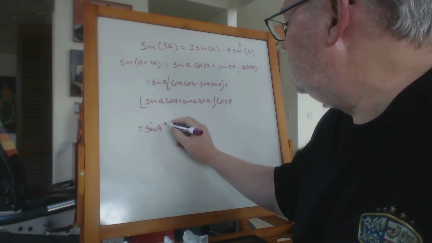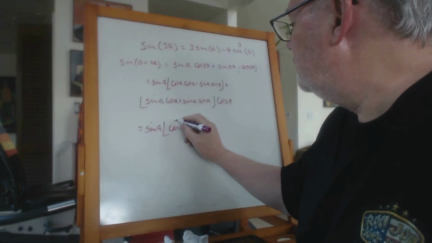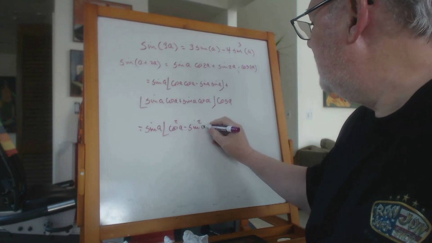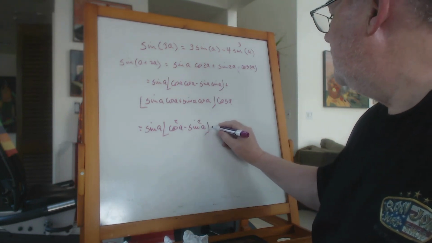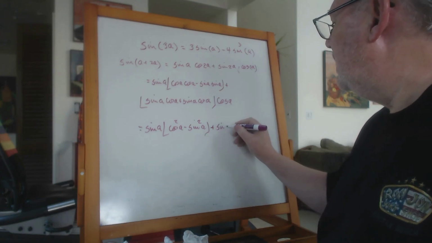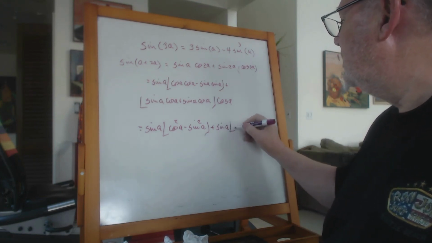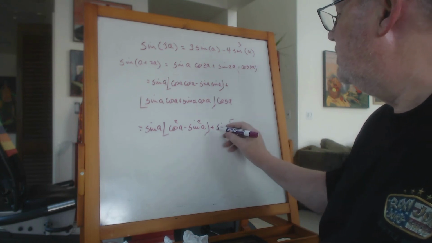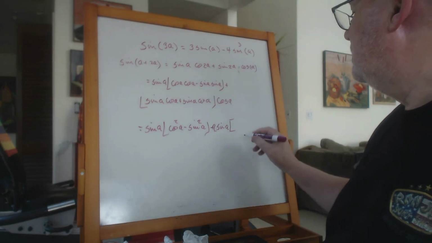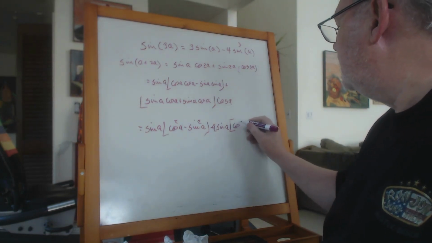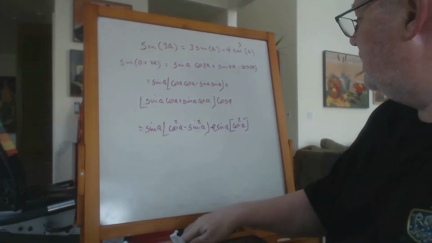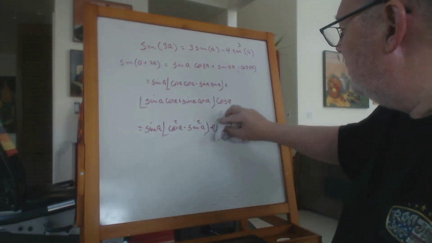Sine A times cosine squared A minus sine squared A plus sine A. This is 2 sine A cosine squared A. Let's write it a little bit more neatly.